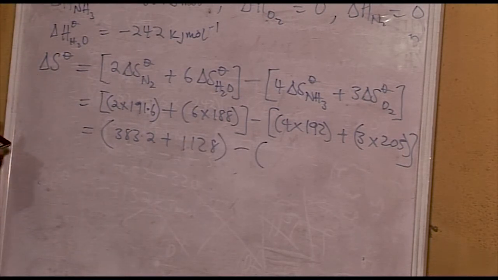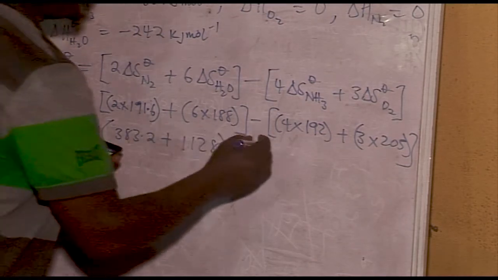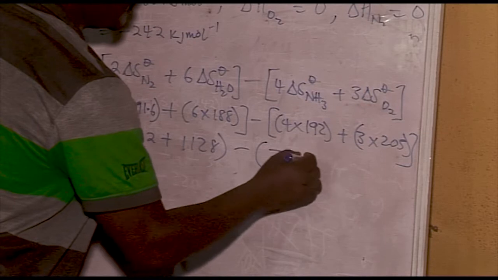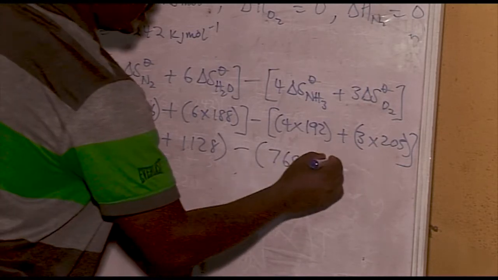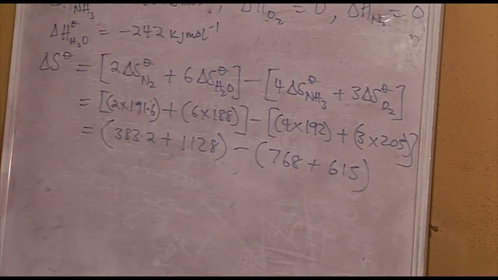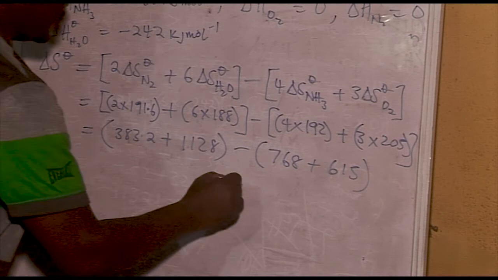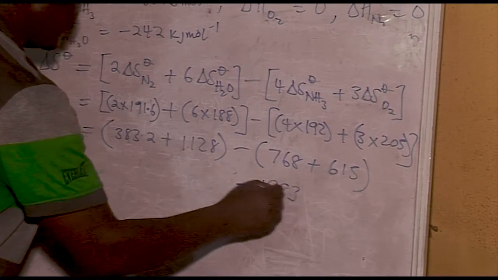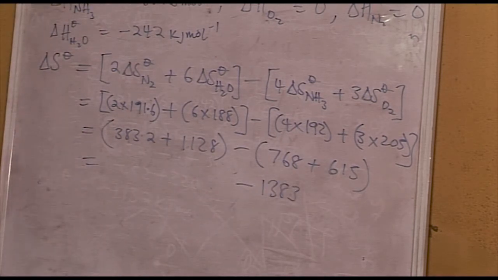Then minus 4 times 192, that's 768, plus 615. So adding this together, this one will be 1383.